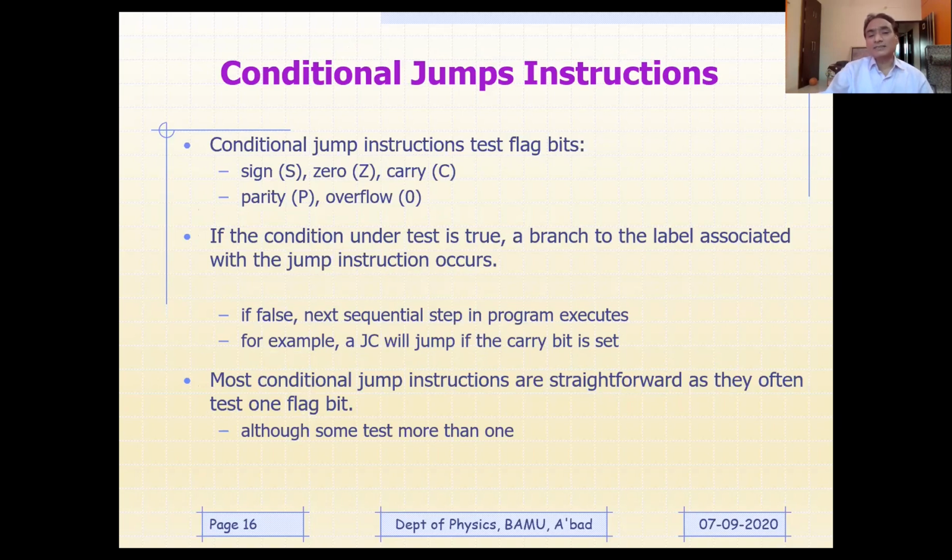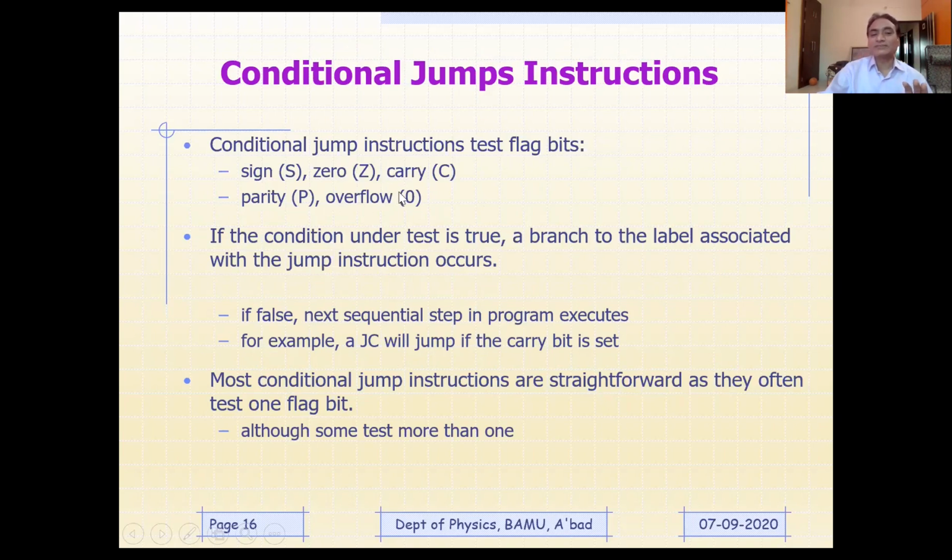Then we have the conditional jump instruction. As I mentioned earlier, unconditional jumps do not check any condition, whereas conditional jump instructions always test 5 different flags. What are those? Sign, zero, carry, parity, and overflow.